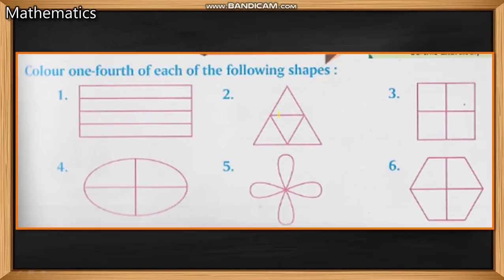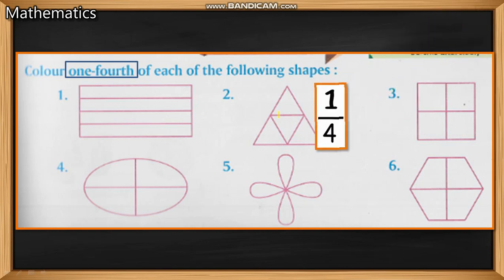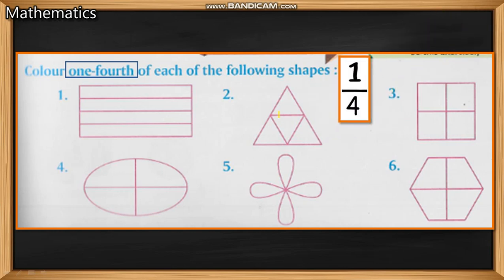Okay, color 1/4 of each of the following shapes. How can I write 1/4? Then 4 equal parts, you may shade 1 part. Here, how many equal parts are there? You may count 1, 2, 3, 4.